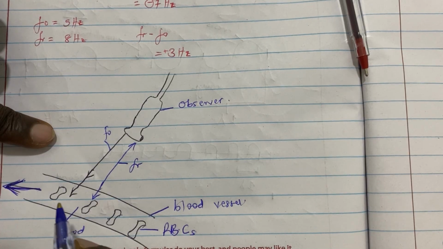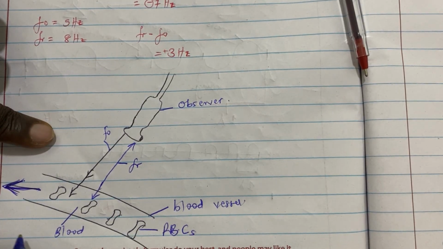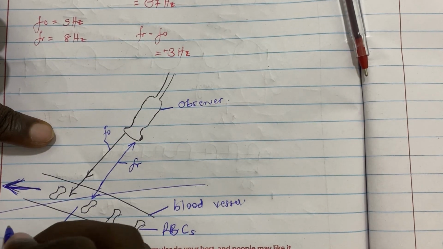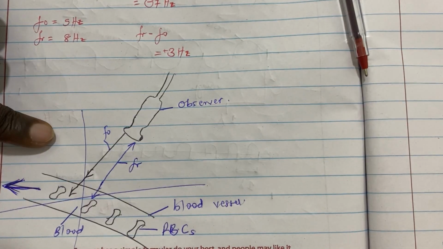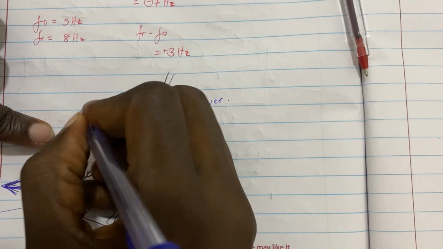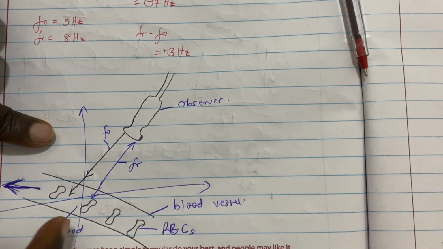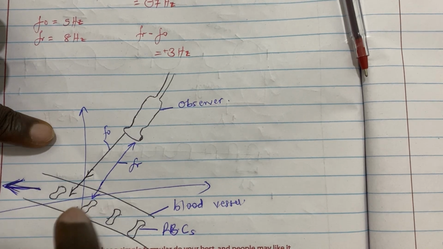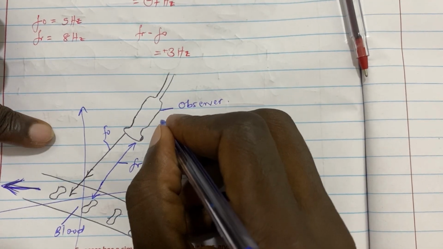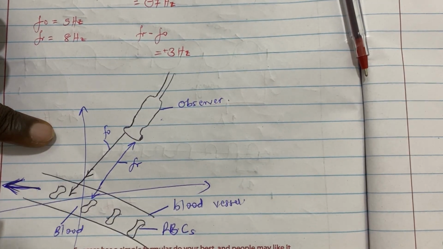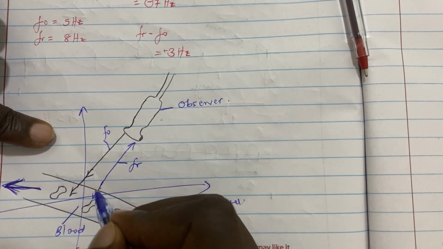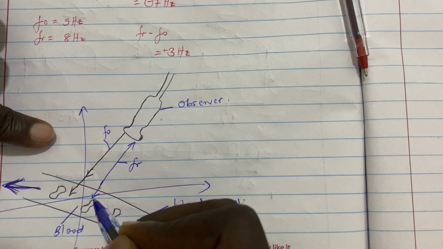It is relatively away from the probe, because if you get a horizontal, a normal, it is moving away. If this is the y-axis, x-axis, it is moving away from the probe relatively. So since it is moving away from the probe, which is our observer, should the frequency increase or decrease? Reflected now, it is decreasing. It will be decreasing.